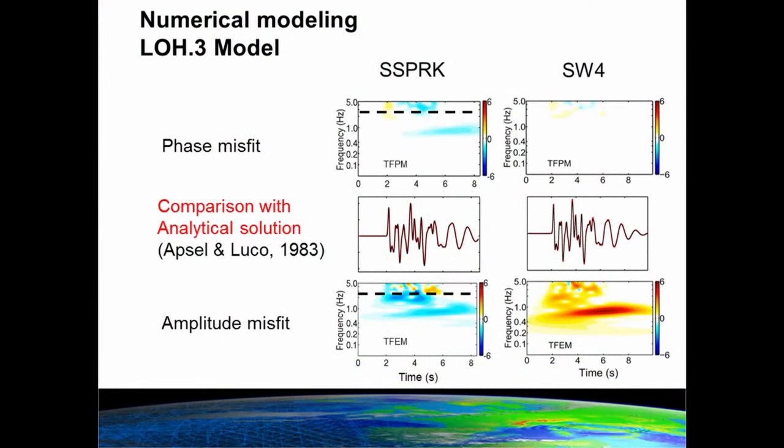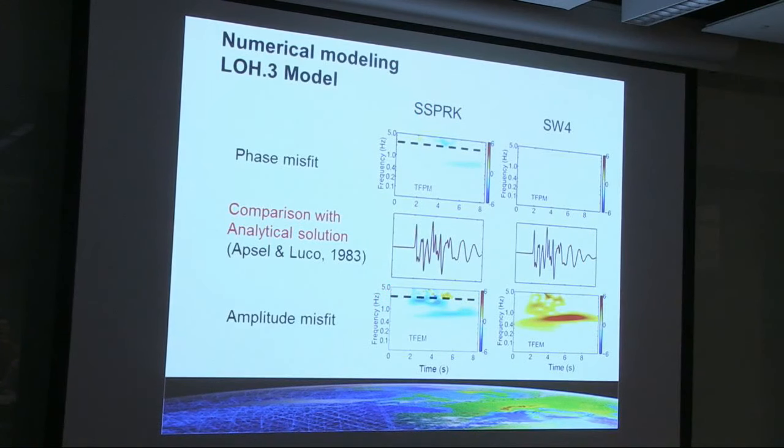In addition, we compare the seismogram at receiver R10 obtained by the SSPRK method and the quasi-analytical solution in the vertical direction. The misfits between the two methods are within 5° in phase and within 2% in amplitude below the reference frequency, while the misfits between SW4 and the analytical solution are larger, within 6%, even under the reference frequency.